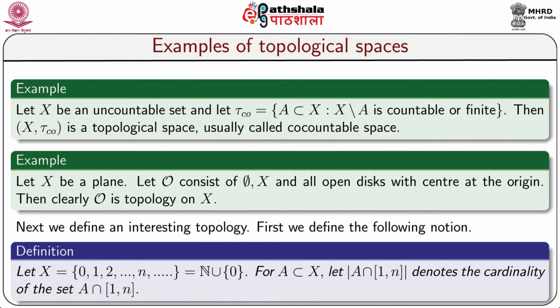Let X be the set of all non-negative integers, that means 0, 1, 2, and so on. For a subset A of X, let us consider the cardinality of A intersection {1, ..., n}.